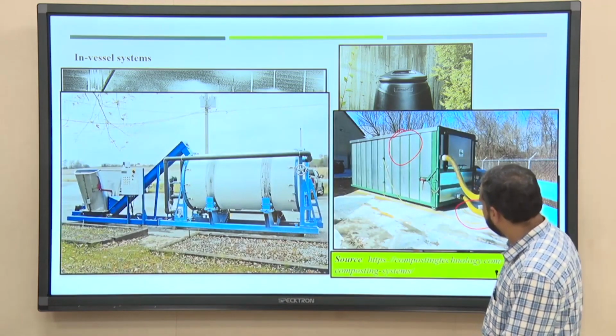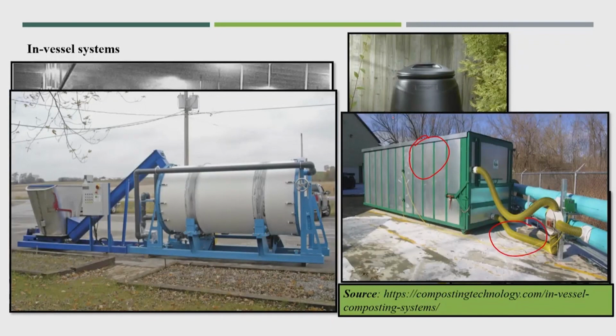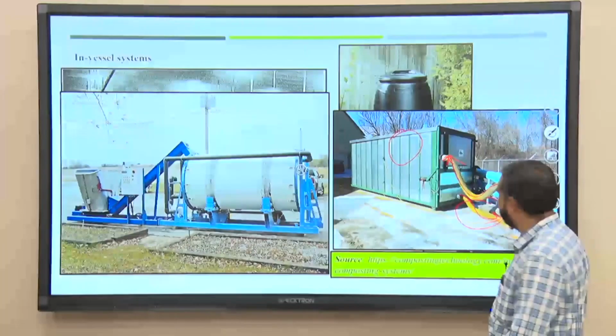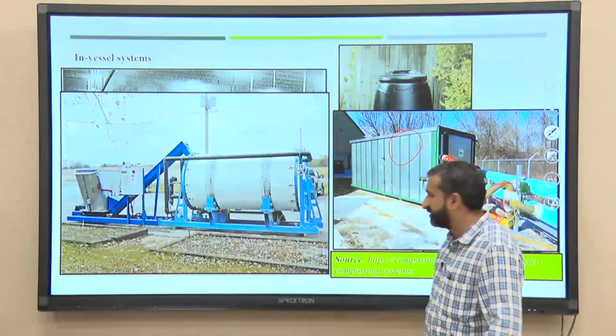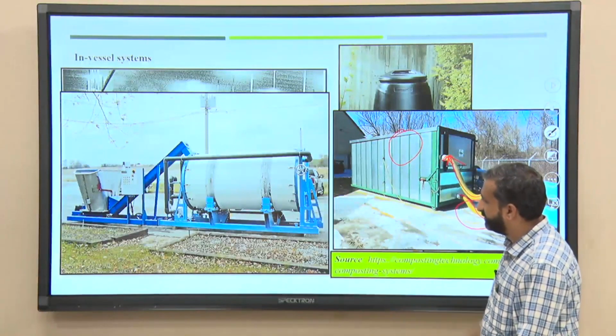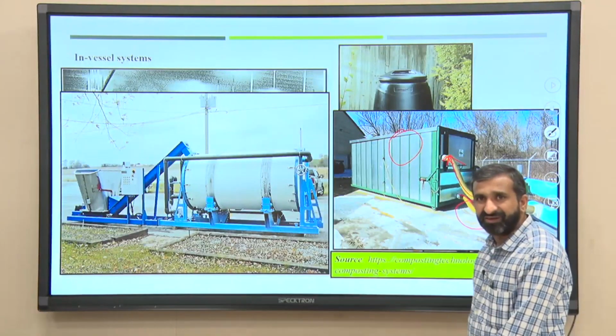This is another one, the rotary drum process, and this is another box kind of composting process. You see how air gets inside the box, and this is for leachate or excess water collection. So, likewise there are different vessels available.